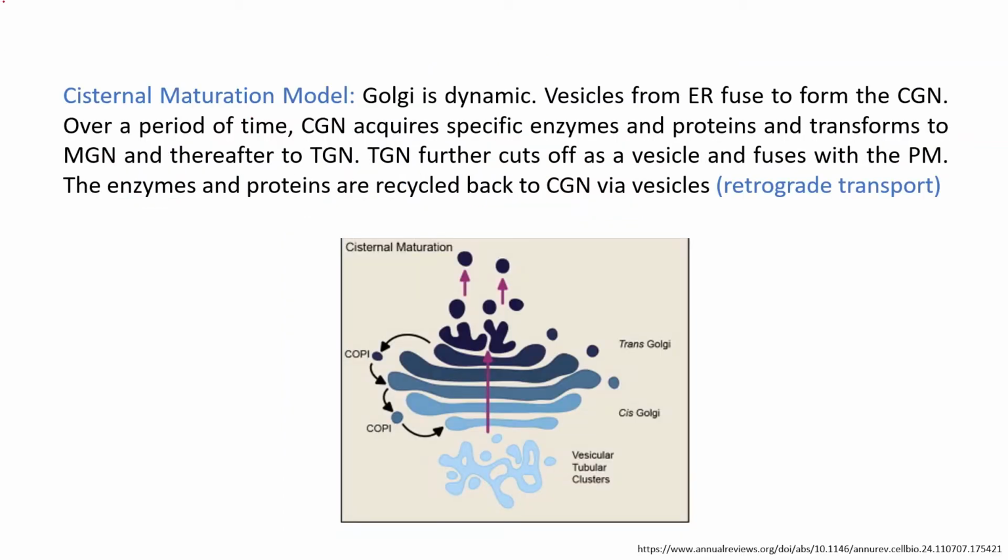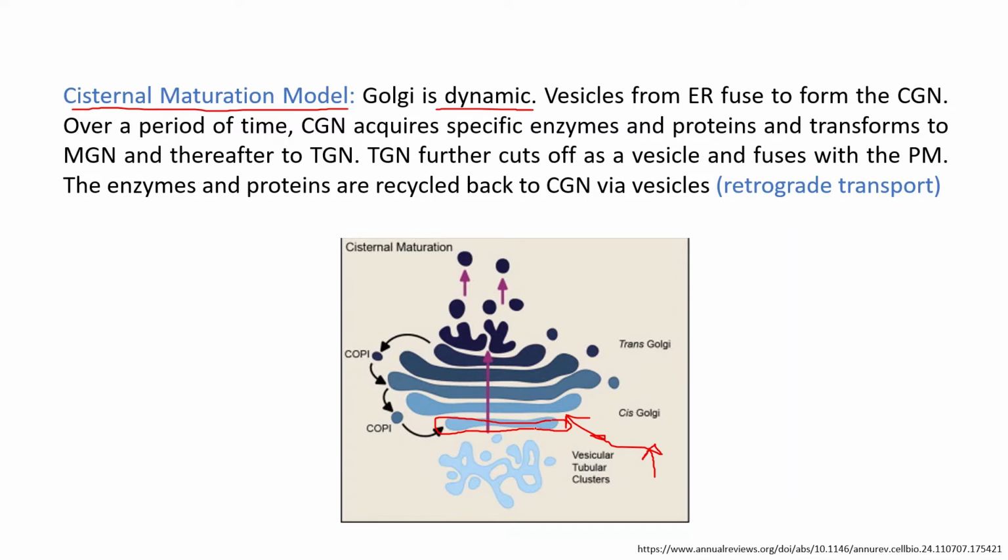When we talk about another model, the cisternal maturation model, it states that Golgi is dynamic. Now what do you mean by dynamic here? It says that the cis-Golgi network is formed by the fusion of vesicles coming from the ER. The ER will release certain vesicles, these vesicles fuse with one another, and once they fuse, it forms the cis-Golgi network.